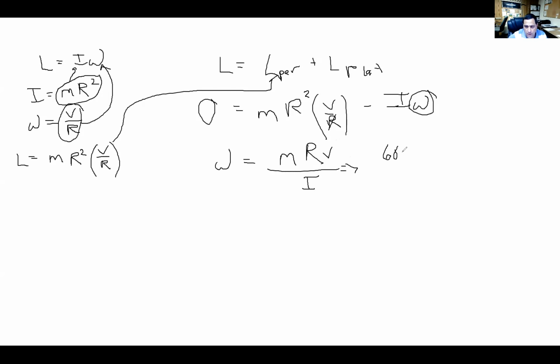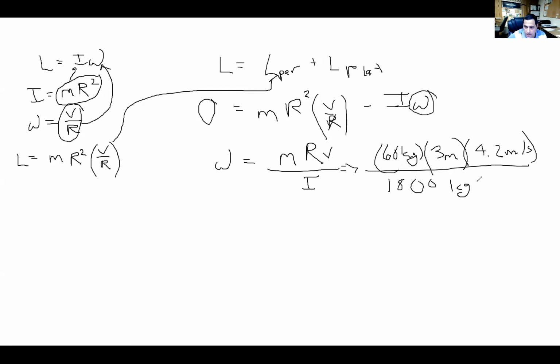But we know that the person weighs 60 kilograms, the radius is 3 meters. We're given the 4.2 meters per second, and we're given the 1,800 kilogram meter squared. So angular velocity is 0.42 radians per second.